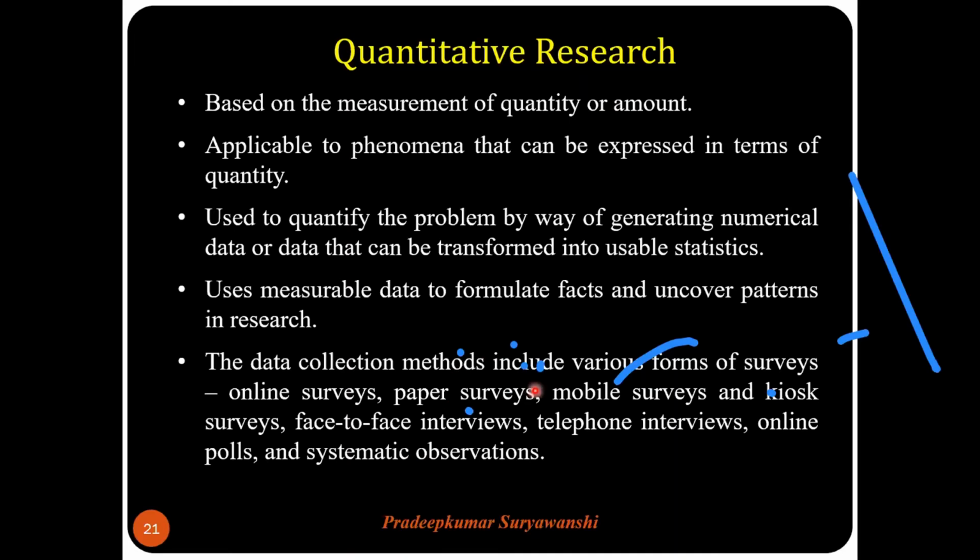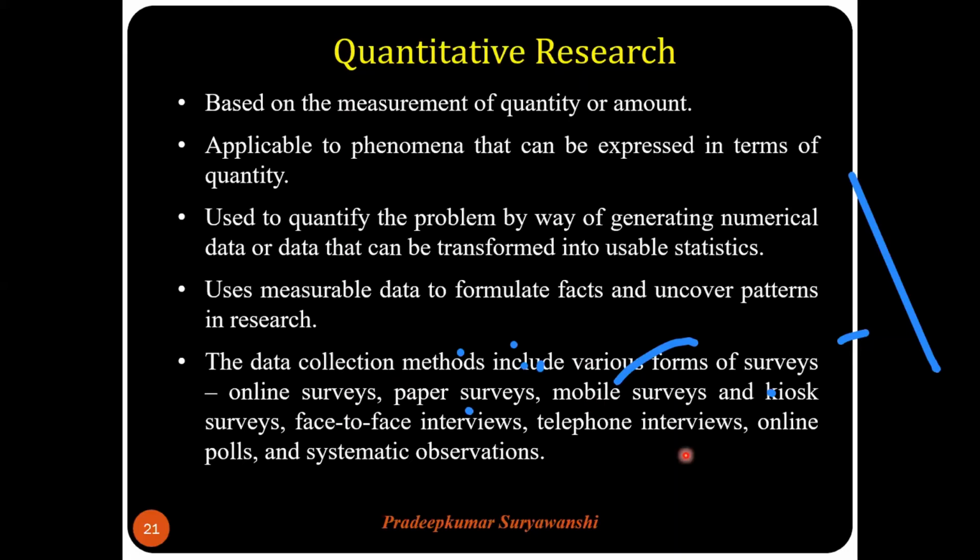The data collection methods include various forms of surveys: online surveys, paper surveys, mobile surveys, kiosk surveys, face-to-face interviews, telephone interviews, online polls, and systematic observations. All these come under quantitative research.